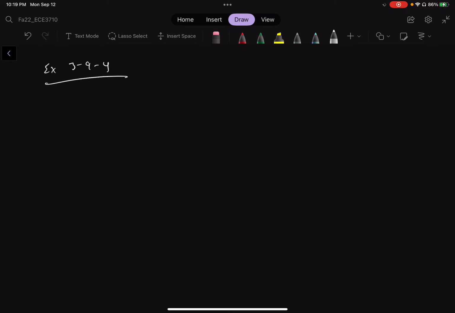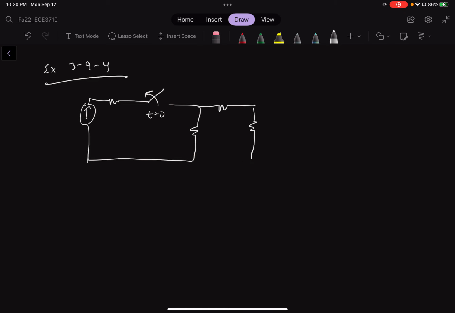We are given this circuit where we have a current source, a resistor, and a switch that opens at time equal to 0. We have a resistor down here, a resistor here, and a wonderful inductor there.